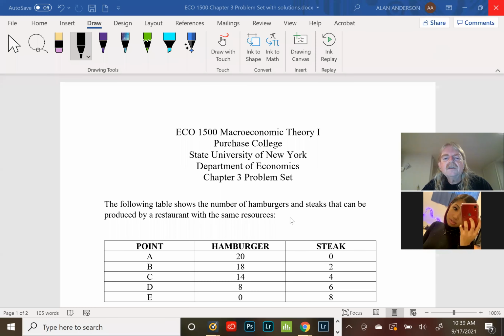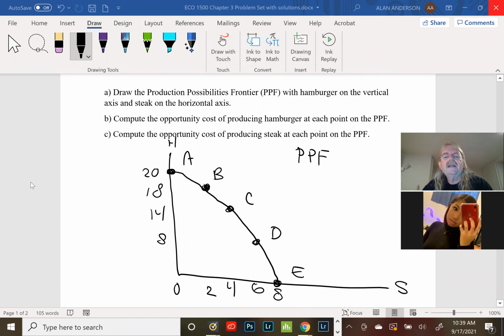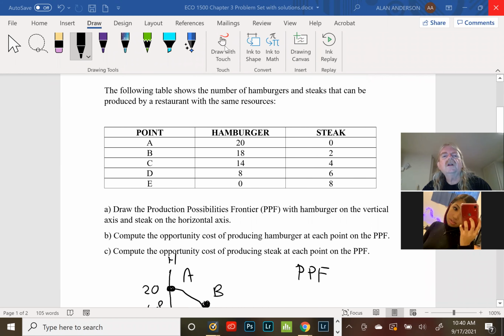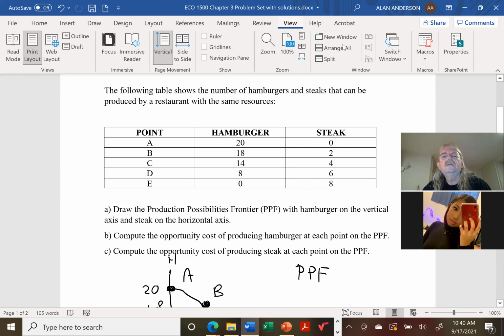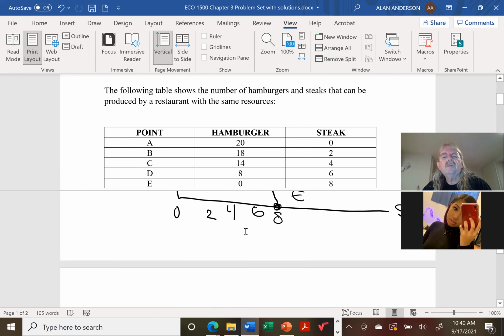And so anyway, let's get back to this. Now, how do you calculate an opportunity cost? Well, the idea here is that when you're calculating an opportunity cost, it's understood that you're moving between two different points on this production possibilities frontier.